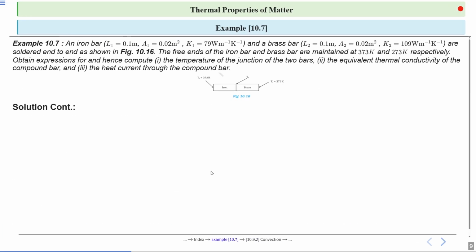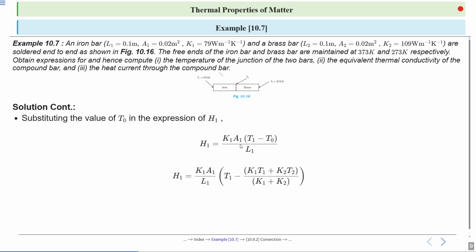Now substituting the value of T0 in the expression of H1. So we know the value of H1, that is K1 A1 (T1 minus T0) divided by L1. Put the value of T0 in this expression of H1.